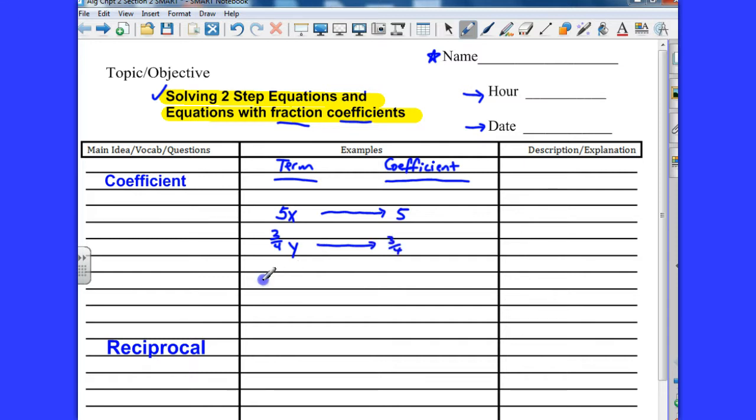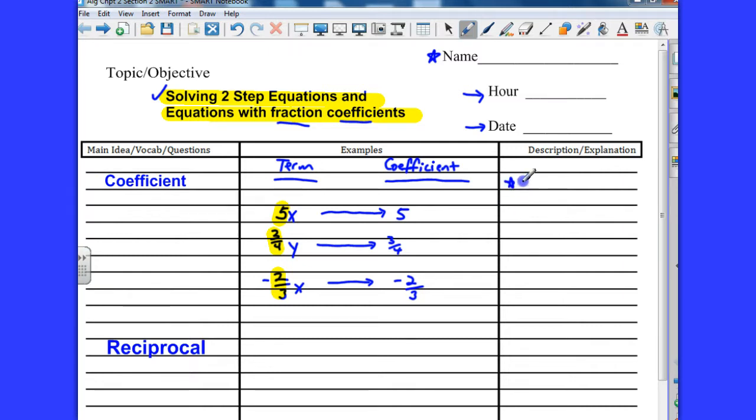What if we have a negative number, like -2/3 x? The coefficient of that, we keep the sign, -2/3 is the coefficient. So what you'll notice, obviously, is that it's this number that's being multiplied by the variable. That's a coefficient. So we'll explain that over here.